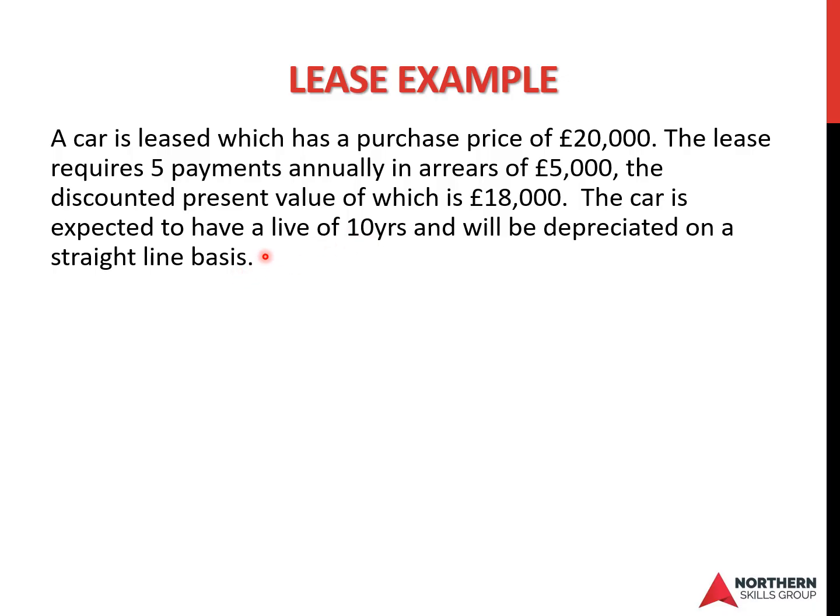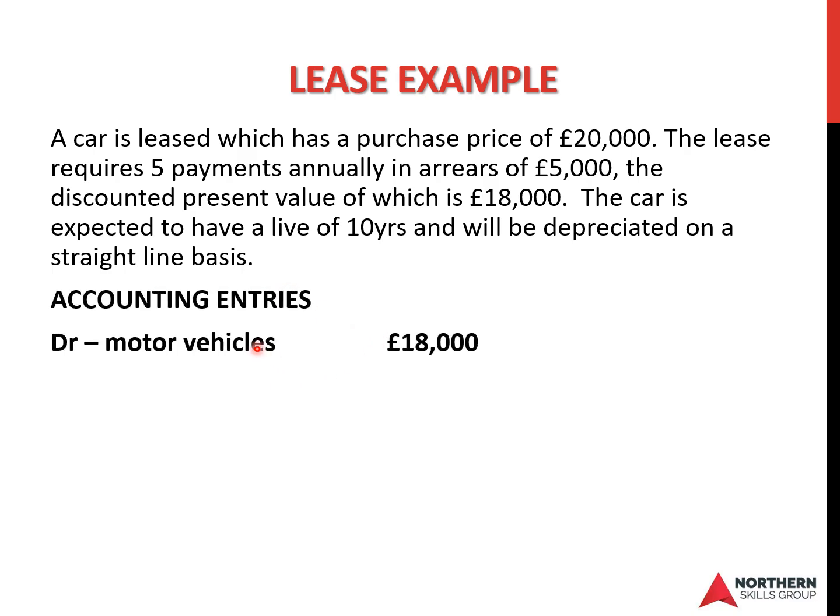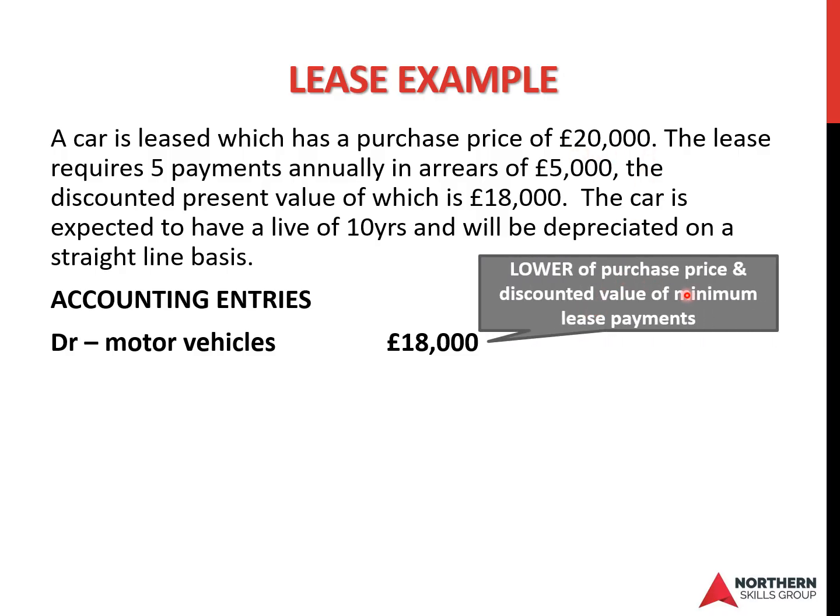The car is going to have a life of 10 years and it will be depreciated on a straight line basis. So when that lease is taken out, the first entry will be a debit to the motor vehicles account for £18,000, not the purchase price of the vehicle. Remember, we take the lower of the purchase price and the discounted value of the minimum lease payments, which in this case is £18,000.